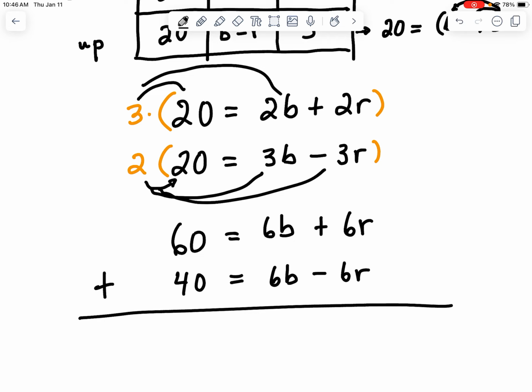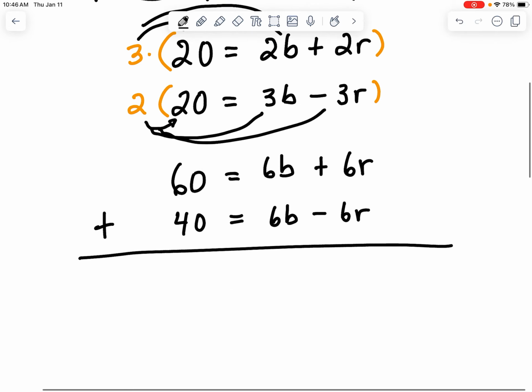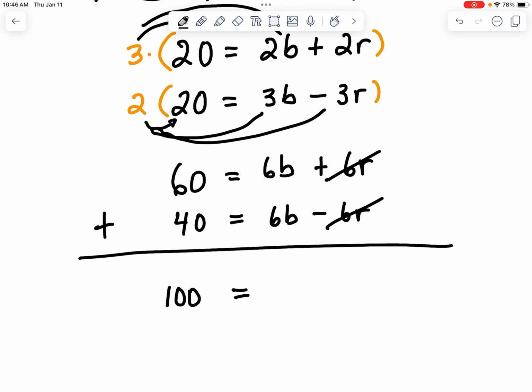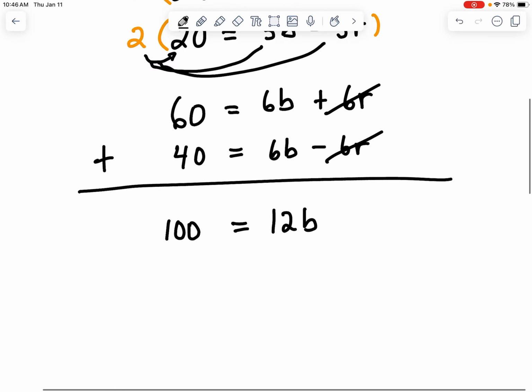Now that I've done that, add the equations together. So on the left side, 60 plus 40 is 100. The terms with the r are going to cancel, and then there's going to be 12b. So to solve for b, just divide both sides by 12.